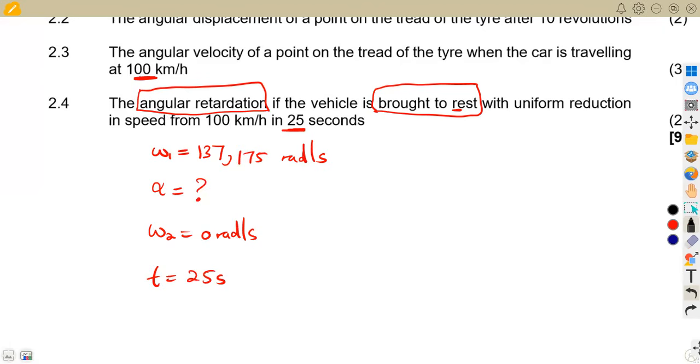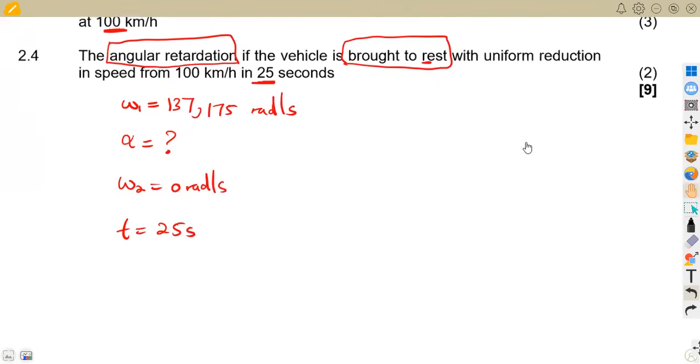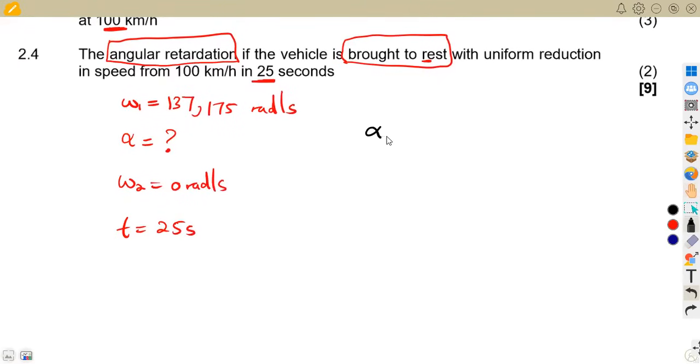Remember, on our formulas, I said the angular acceleration is the change in angular velocity over the time, where the change in angular velocity is omega 2 minus omega 1. If you are given speeds in revs per second, that's where you use 2 pi n1 and 2 pi n2, but here it's already in rad per second, so there's no converting.